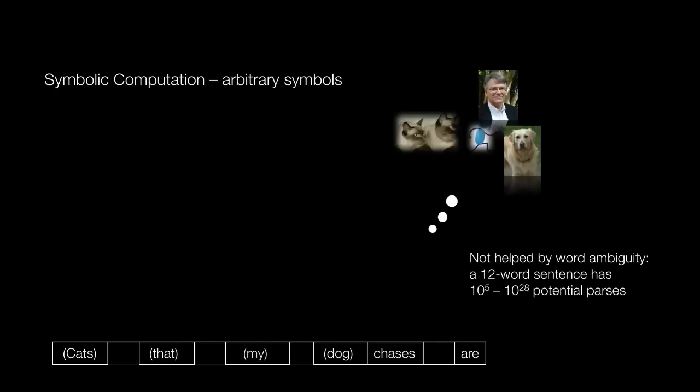And this word ambiguity is significant. A 12-word sentence, people have shown, can have between 10 to the 5th and 10 to the 28th potential parses. There's only 10 to the 60th atoms in the universe last time I saw a number. So that's a problem that's generally not addressed in linguistics.